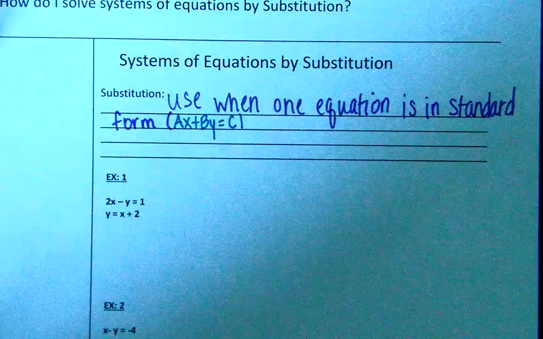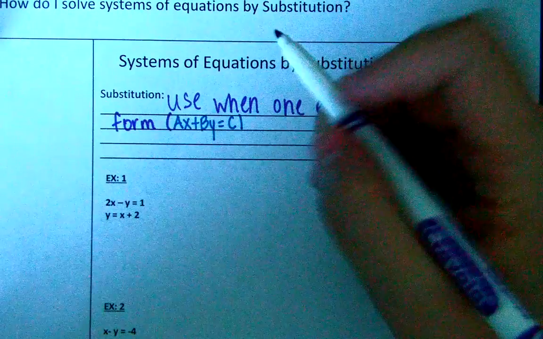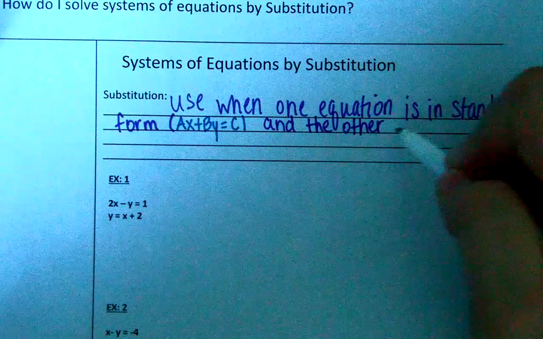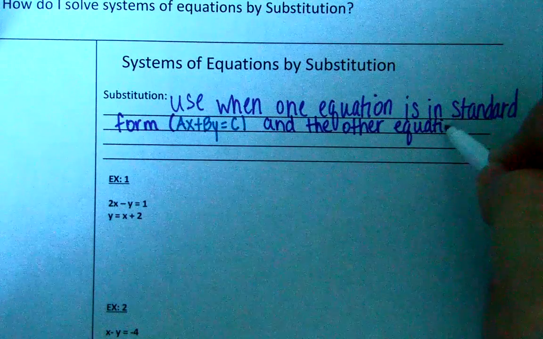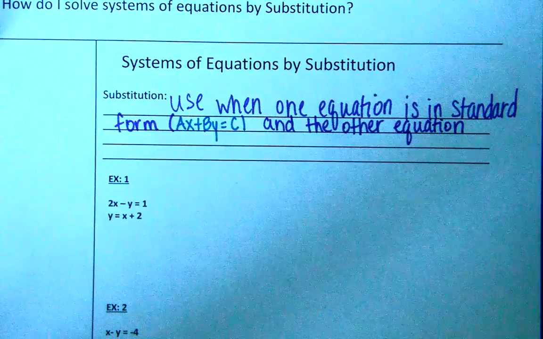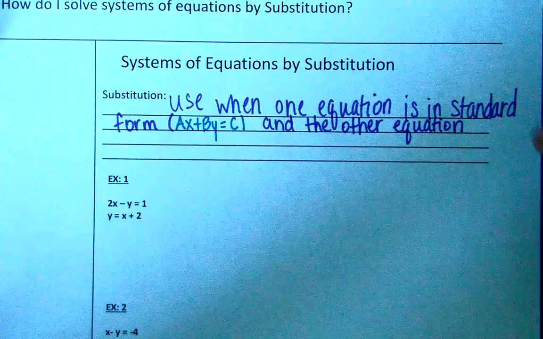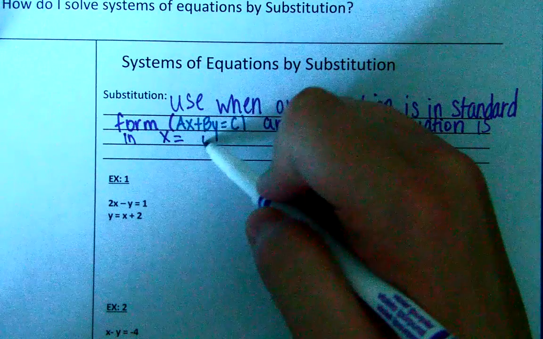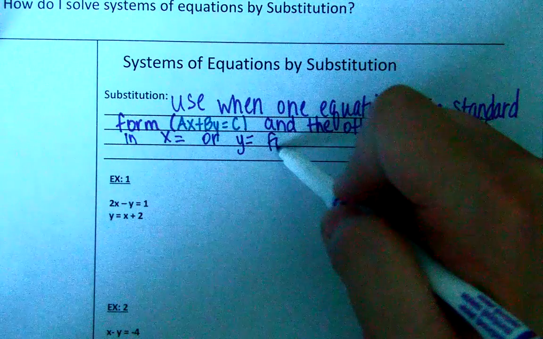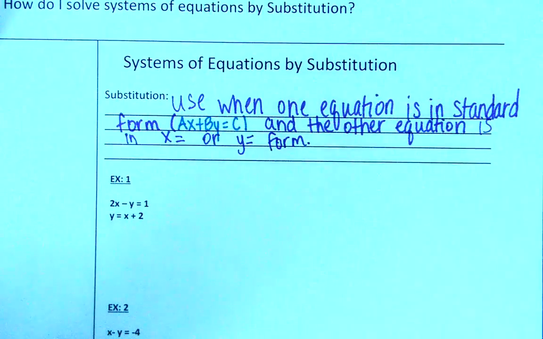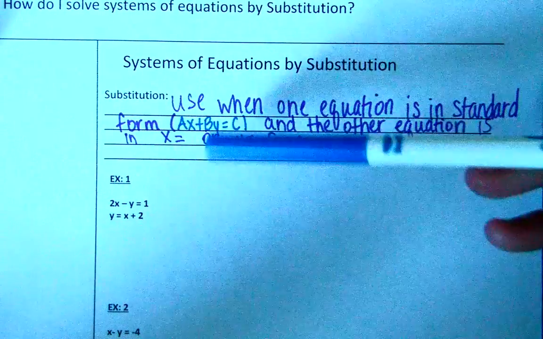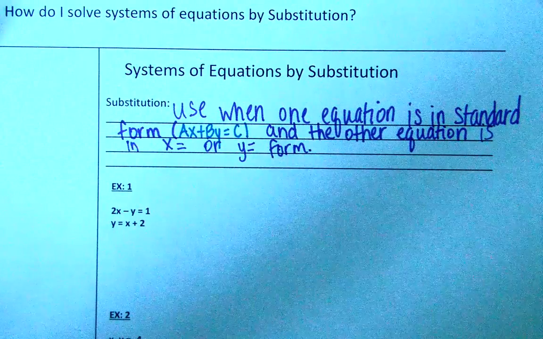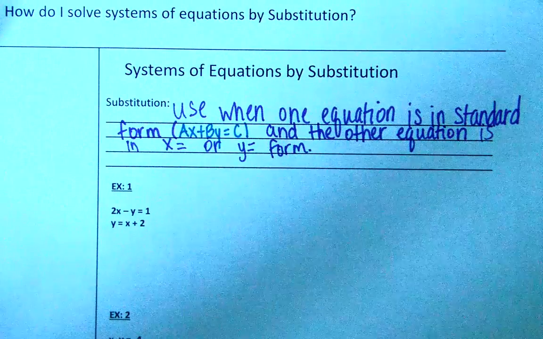Remember, that is standard form. And the other equation is in x equals or y equals form. Okay? So you're looking for one equation in standard form, and the other equation is going to be in x equals or y equals form. That's when you'll use substitution.